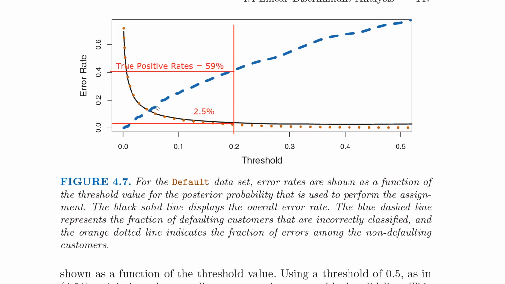It is the defaulters that you correctly classified as defaulters. Whereas this is the false negative rate, the non-defaulters that you incorrectly classified as a default. And let's see if we find this point on the ROC curve.